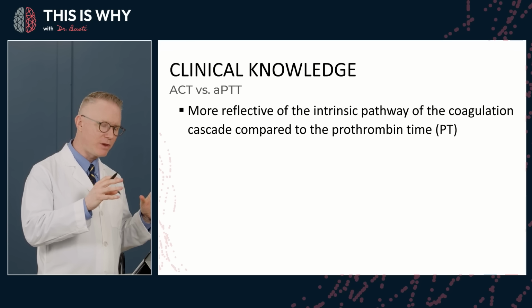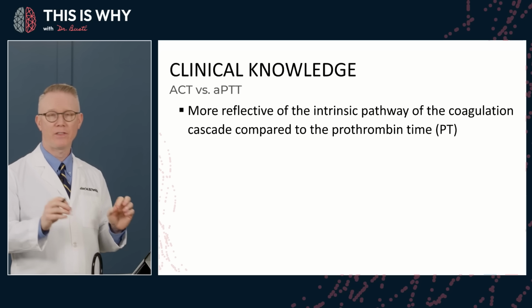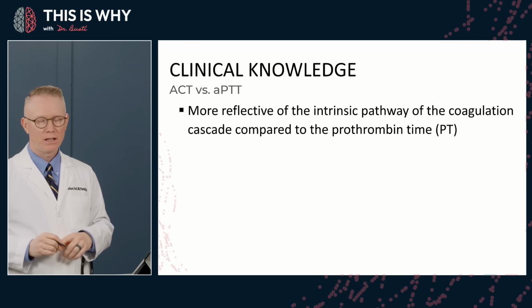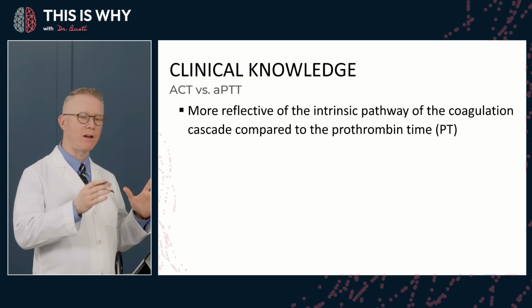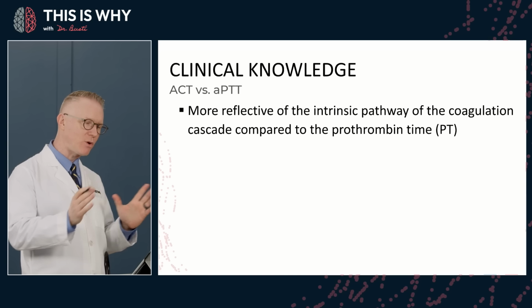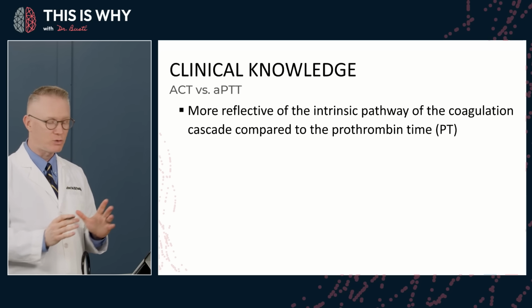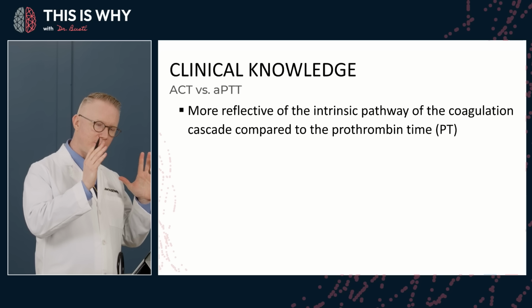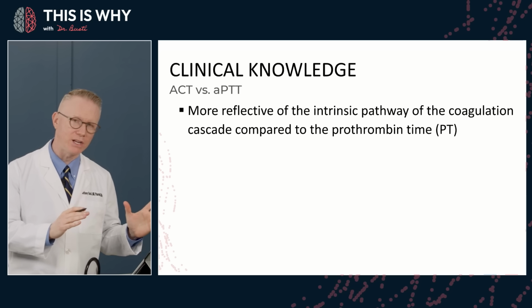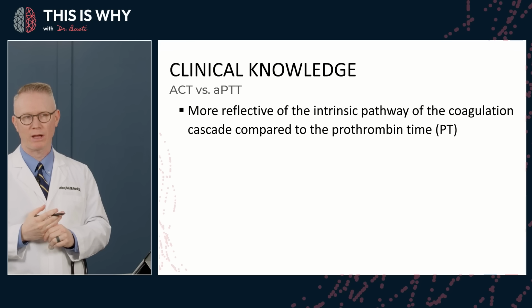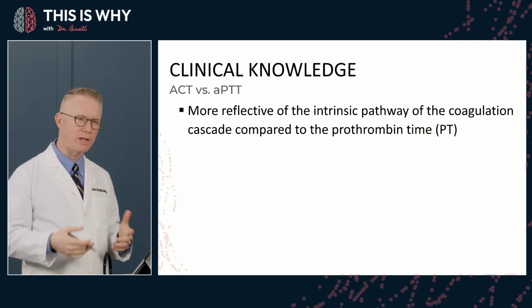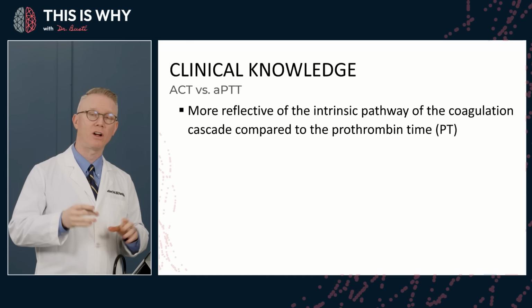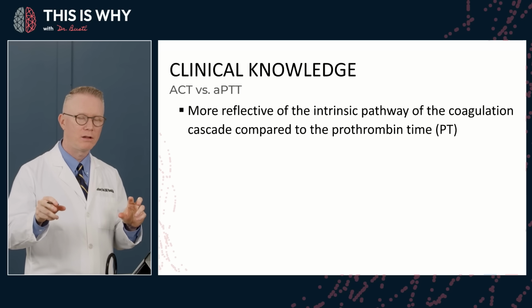So there's the PTT, okay, and then there's also the ACT. Now the PTT is more reflective of the intrinsic pathway of the coagulation cascade. It's reflective of that part on the left side of the coagulation, whereas the extrinsic pathway, from traumatic injury of the vasculature and things like that, is measured by the PT-INR.